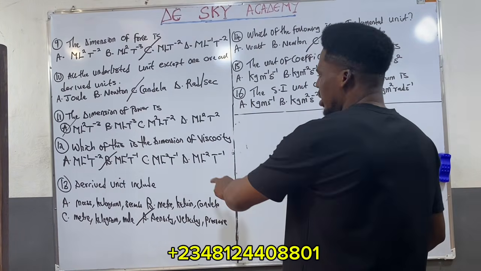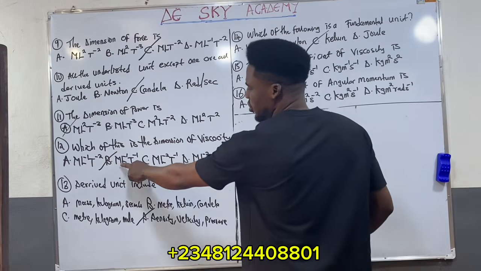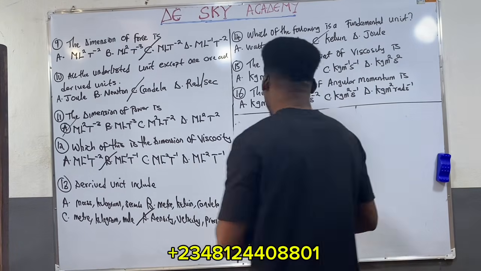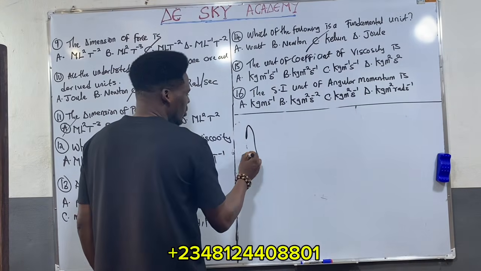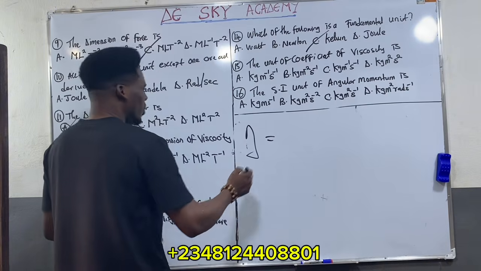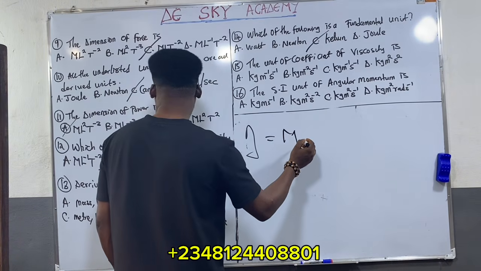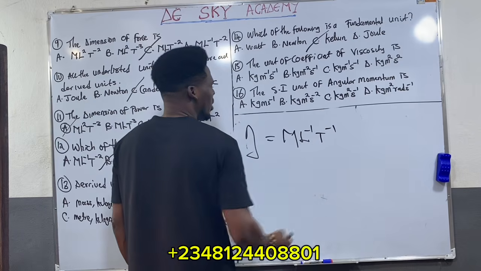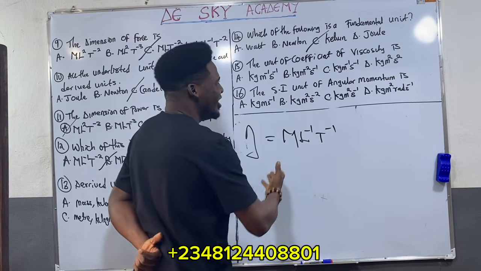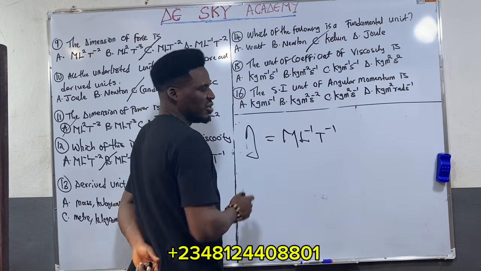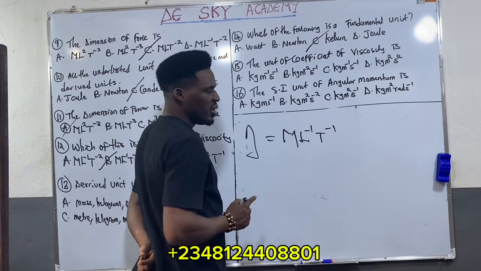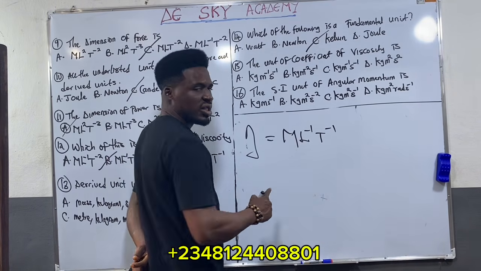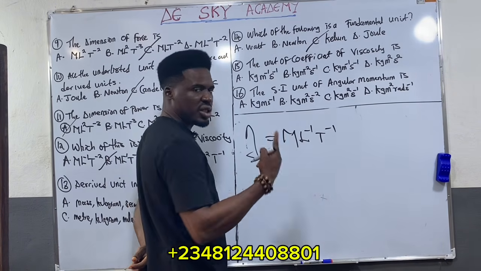When we calculated for viscosity, we said that the option is option B. That means the dimension of the coefficient of viscosity is M L bar 1 T bar 1, where M is mass, L is length, T is time.